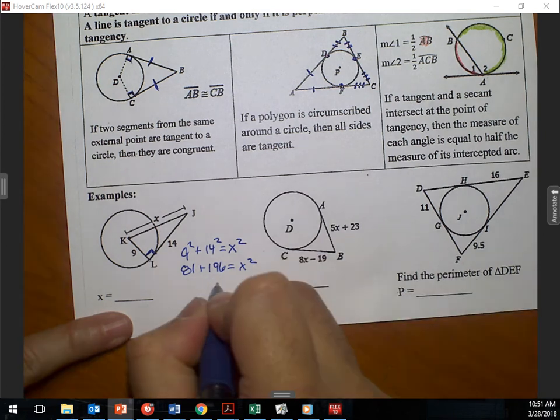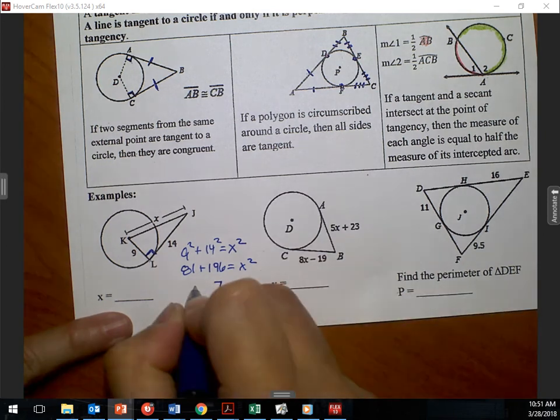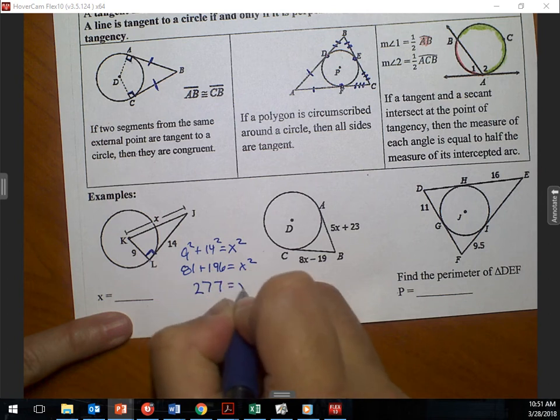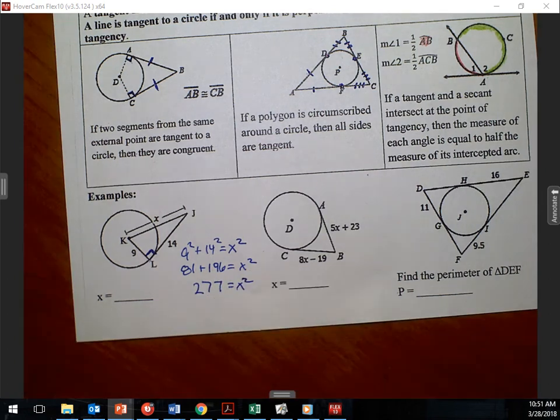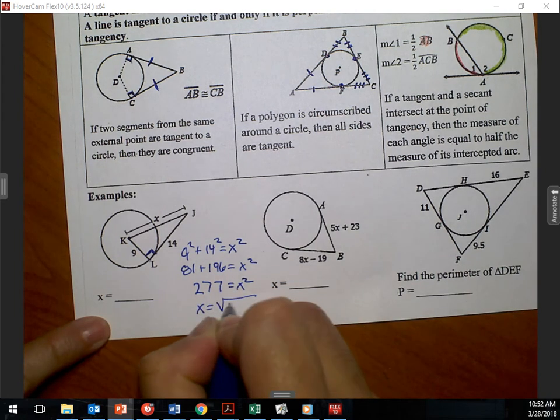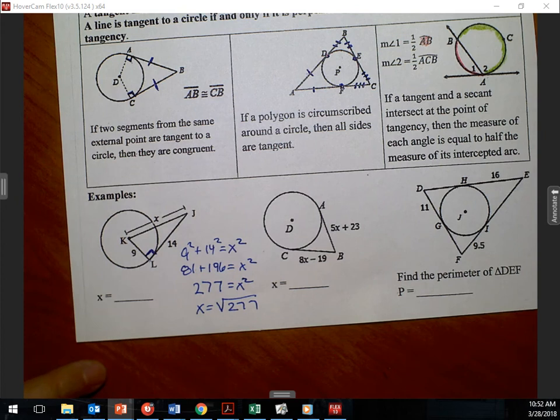What do I get when I add that together? 277. 277 equals x squared. And how do you undo a square? Square root. So x equals the square root of 277.